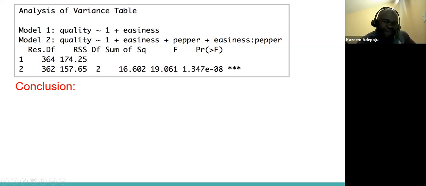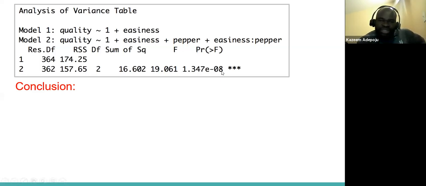This is the p-value. And the p-value right here is less than 0.05, and you're actually going to reject model 1. Model 1, don't forget, is the simple model. Model 1 is the one under the null hypothesis, while model 2 is the one under the alternative hypothesis.